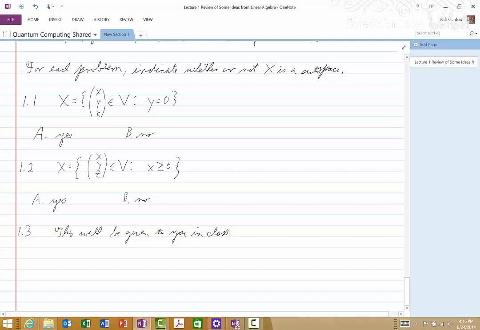And then in 1.2, X is the set of all vectors x, y, z in V such that the x component is greater than or equal to 0, and tell whether or not that is a subspace. You don't need to give any reasoning or anything, although I certainly hope that you will understand the reasoning. But all you have to do is to answer the question.